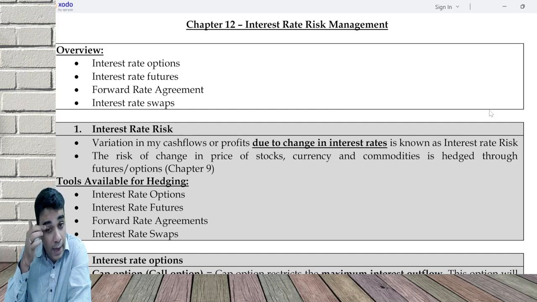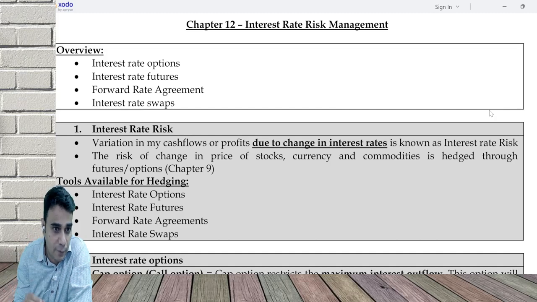Now, what are the tools I have? Exactly the same thing which we did in derivatives. First, I have call option, put option, which is called interest rate option. Here the name is called cap and floor. The call and put of theirs is called cap and floor here. Then there you had derivatives, futures. Here we have interest rate futures.